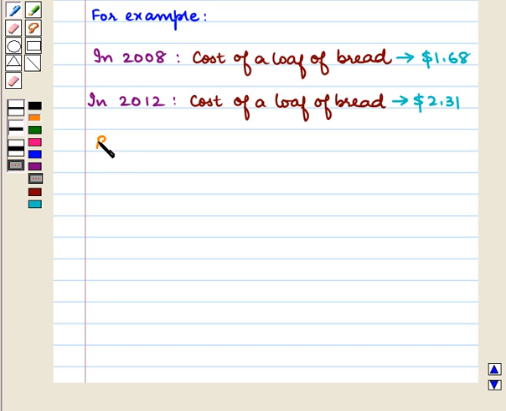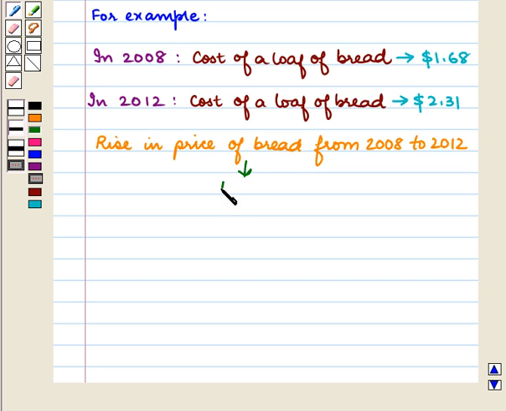Then there is a rise in price of bread from 2008 to 2012. So there is inflation.